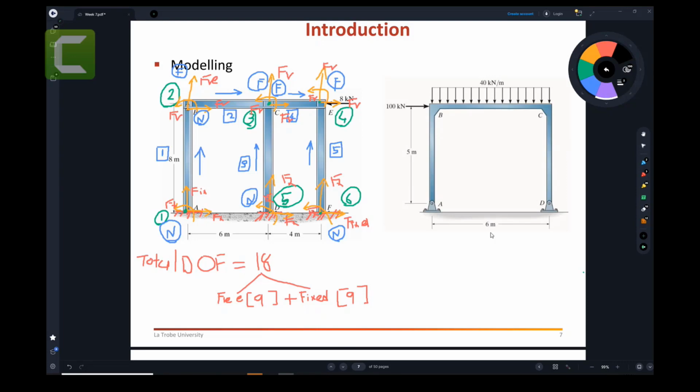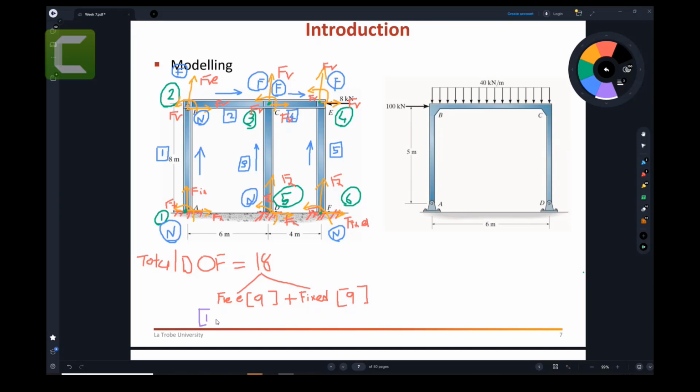So I think, if I remember that one, let me think. So fixed degree of freedom, free degree of freedom: the lowest number goes with the free degrees of freedom.